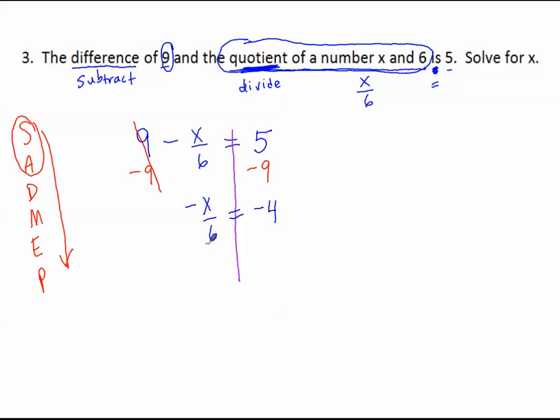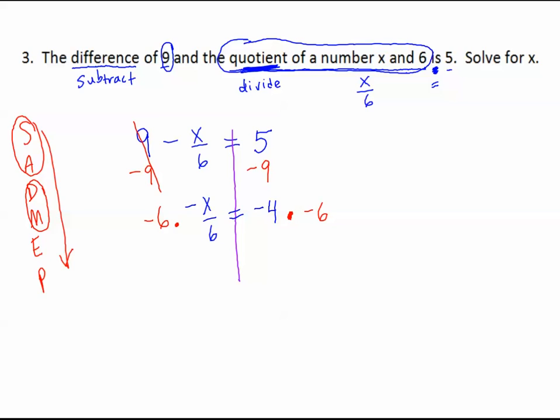I want the 6 that's being divided to not be with the x. So the opposite of dividing is multiply. Remember, dividing and multiply comes next. So I'm going to say times 6. But if I want the negative to go away, I can multiply by negative 6 at the same time. So times negative 6.